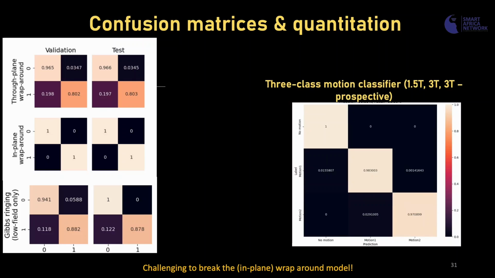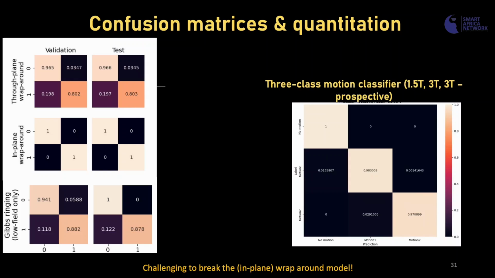I did commit to showing the confusion matrices, and here you see for the through plane, in plane, and the Gibbs. For the through plane and in plane, specifically for the in plane, you can see that we don't have false positives and false negatives, regardless of the field strength and the vendor.